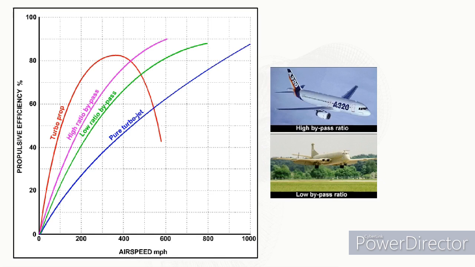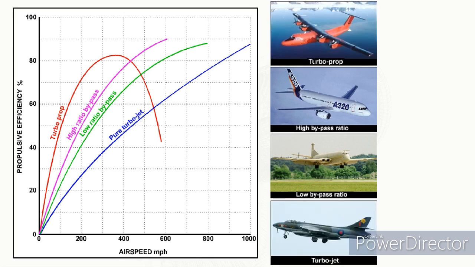Cruising speeds in the order of 800 miles per hour are at present out of the reach of most transport aircraft. And this fact means that in the mid-speed range, where most of the world's jet transport aircraft operate, there is a niche for the bypass engine, both low ratio and high ratio.